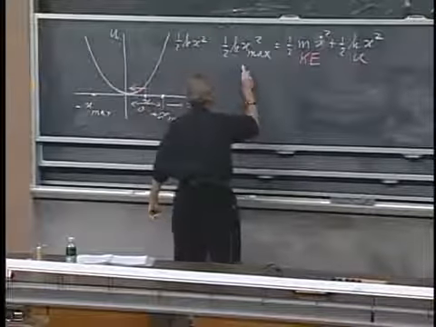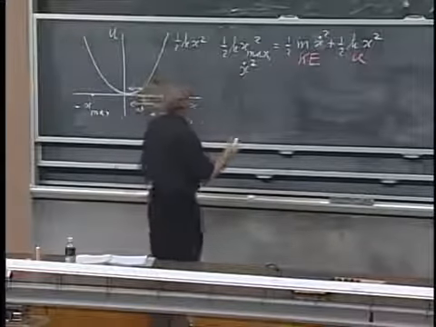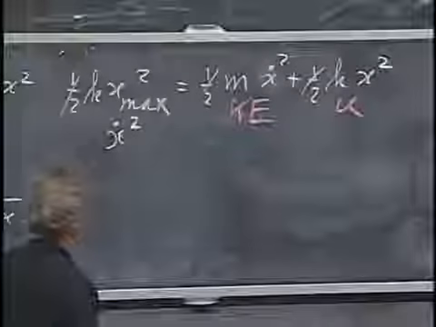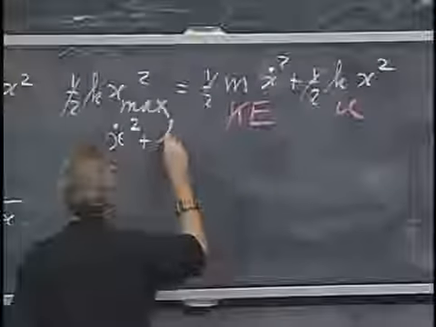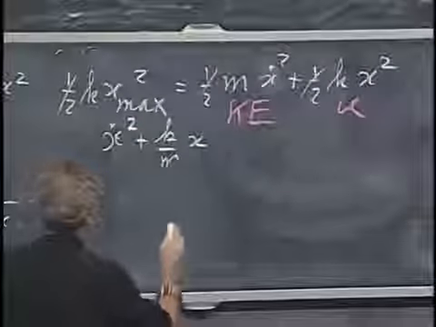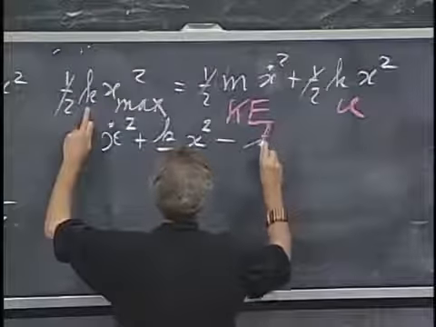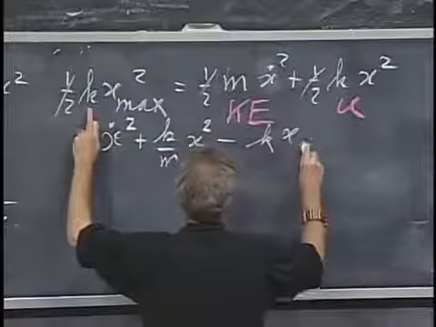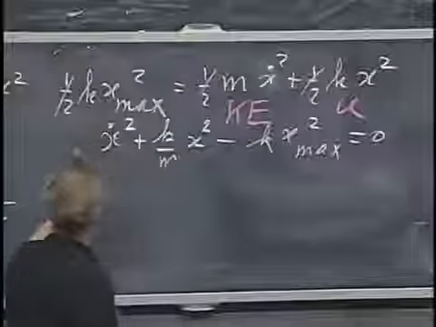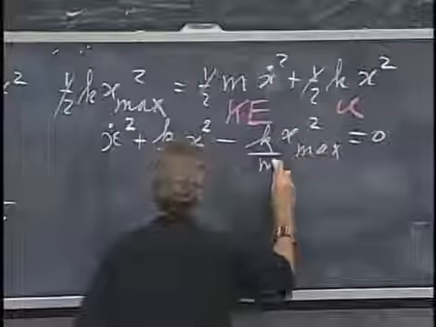I bring the x dot squared to one side, my halves go away, and I divide by m. So I get plus k over m times x squared, and then minus k over m times x max squared equals 0. Did I do that right? Yes, there's an m here, and the m has to be here.